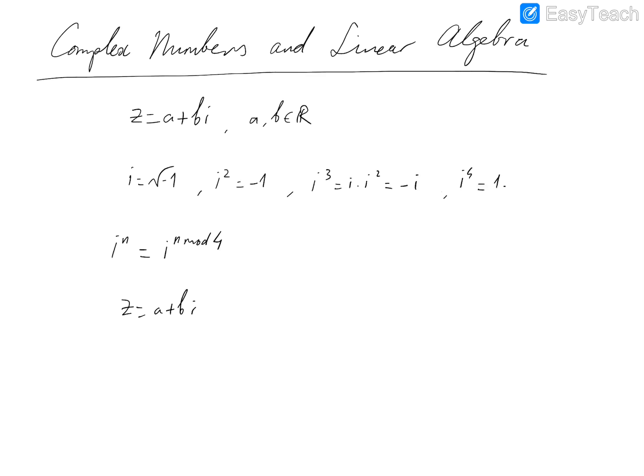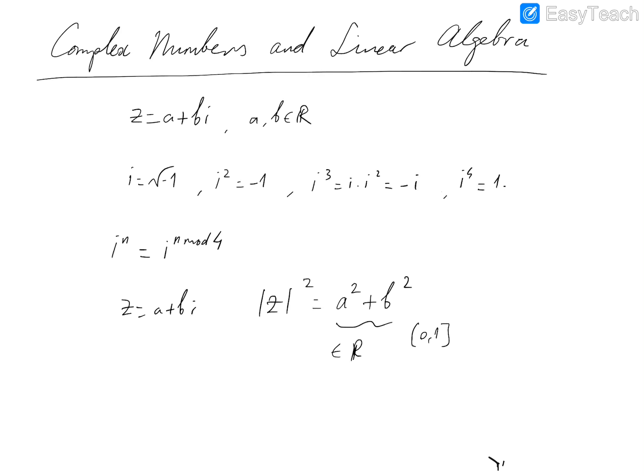So as to that, if z is a complex number, then magnitude z squared is equal to a squared plus b squared. And this is a real number between 0 and 1. Okay, this is an element of the real numbers, and it's in the interval 0 to 1.